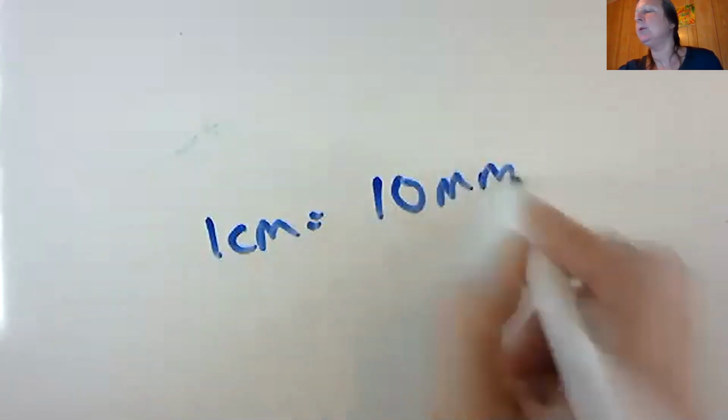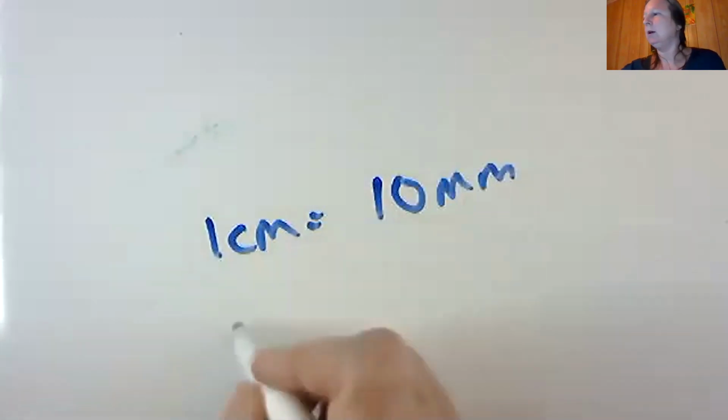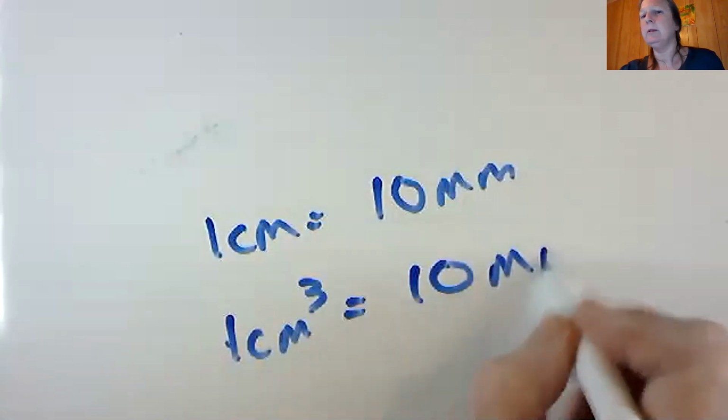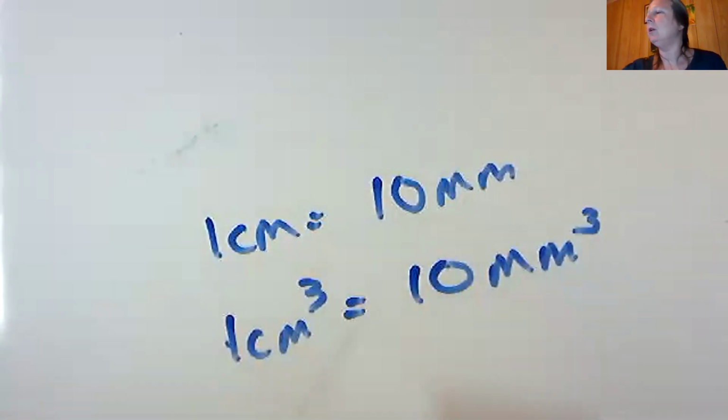So the slide was saying if 1 centimeter equals 10 millimeters, which is true, then isn't this the same? This is what the slide was saying, and no, it is not. When you cube your unit, you have to cube the number, and I'm going to walk this through so you can see.